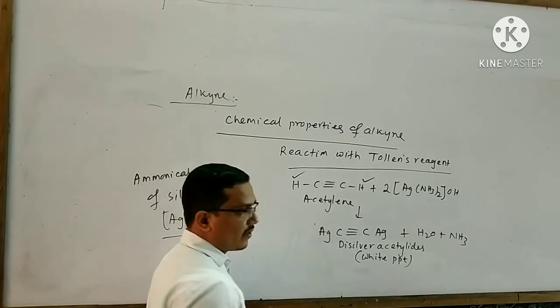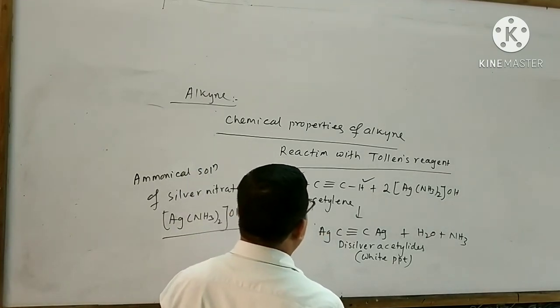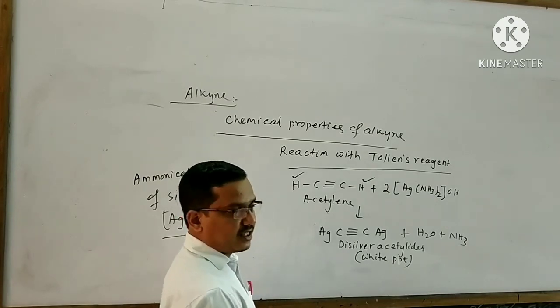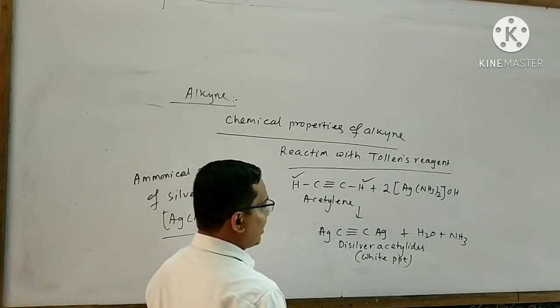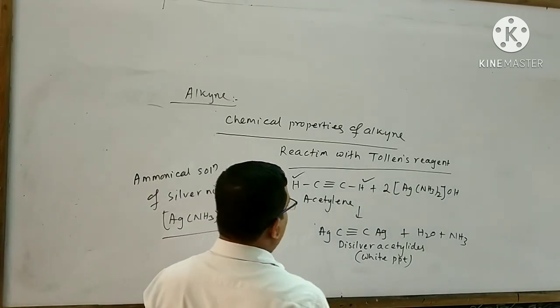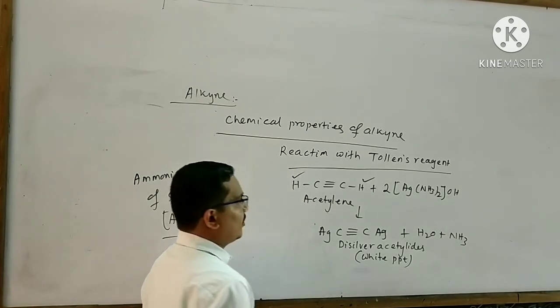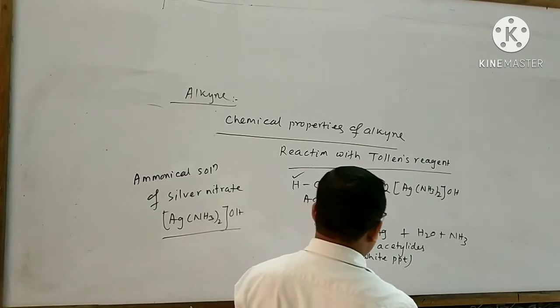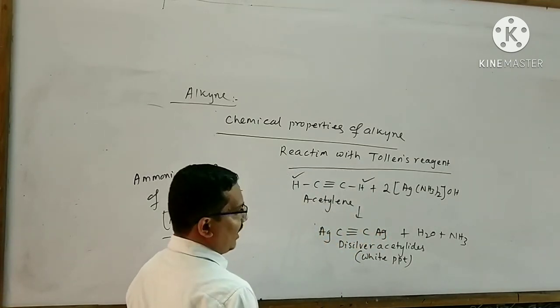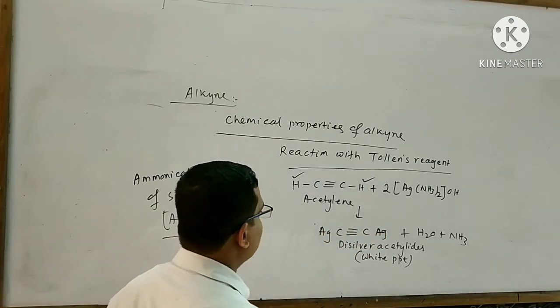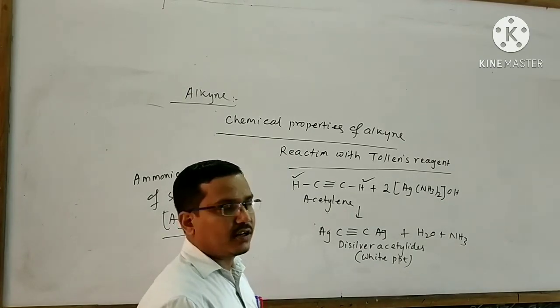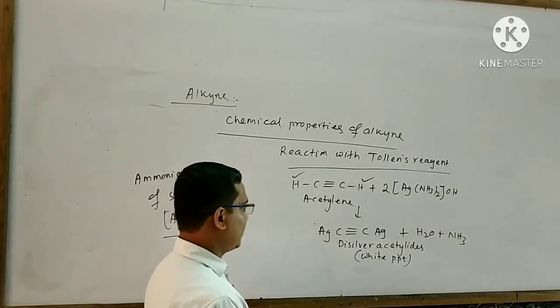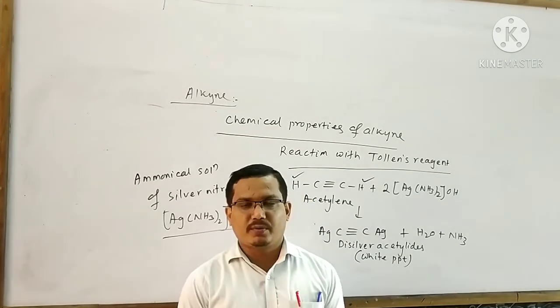So this reaction helps to explain the acidic character of acetylene. You can also take any alkyne and subject it to Tollens reagent to form silver acetylide, and that reaction also helps to explain the acidic nature of alkynes. This is all for this class.